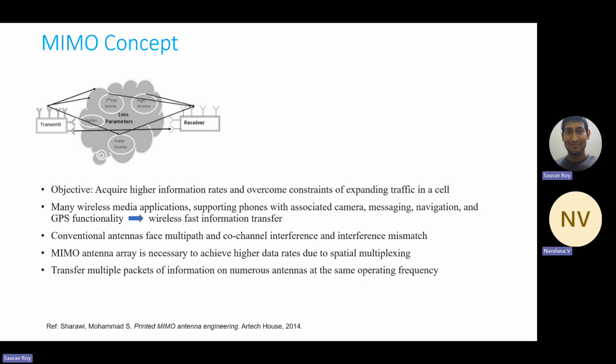If we transmit the same data stream with 4 different antennas instead of one, then when the receiver sees it, it sees many different versions of the same data stream. It has diversity of the received data. So diversity comes from this multiplicity.